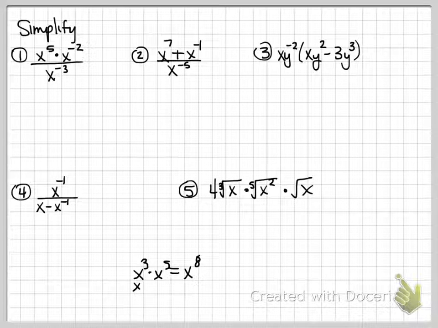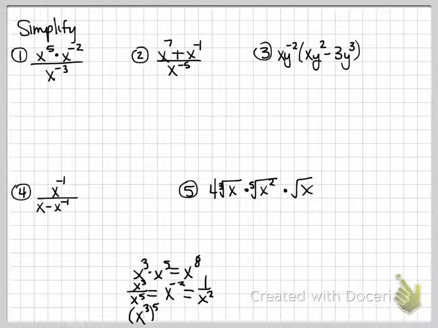X to the third divided by x to the fifth, you subtract your exponents, so you get x to the negative 2. The problem is you cannot leave it as a negative exponent, and the negative means flip. So it becomes 1 over x squared. If you have an exponent to another exponent, that means you multiply. Okay, so just a very quick review. We'll keep reviewing those as we work through our examples.